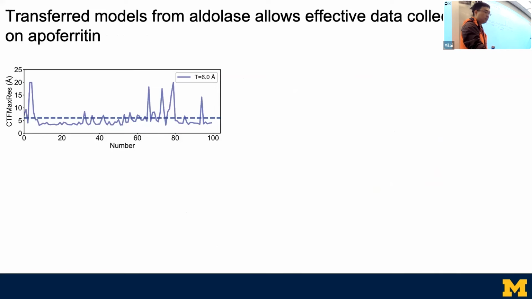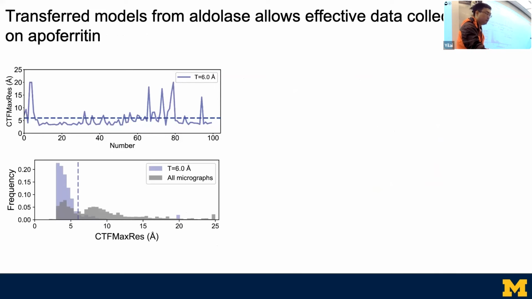So this is the first 100 micrographs collected by cryo-RL, and this is the overall distribution of data quality, the distribution of CTF resolution. And you can see that for the ground truth, the data quality for all micrographs, a lot of them are not good ones, but cryo-RL has managed to accumulate most of the good ones in here.